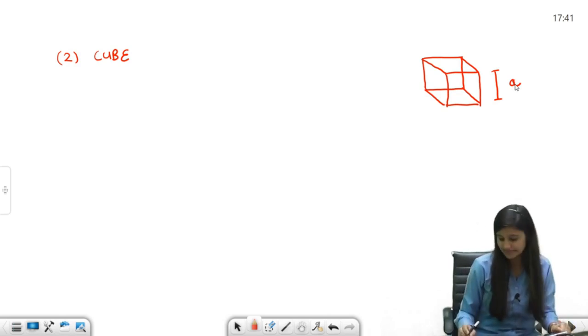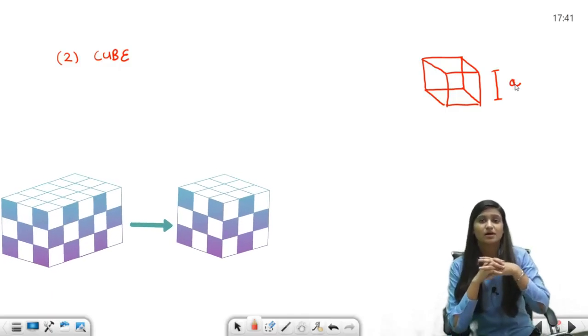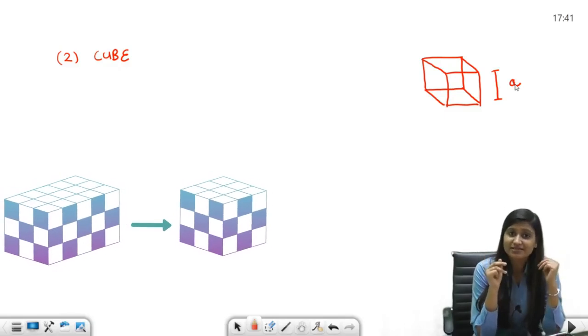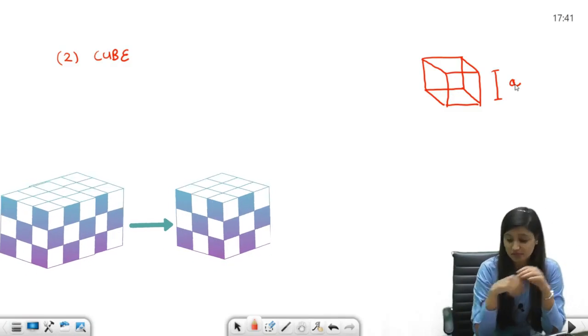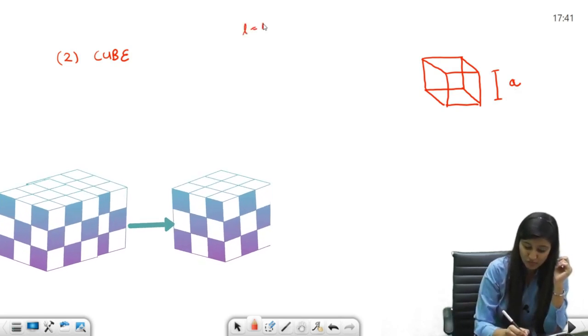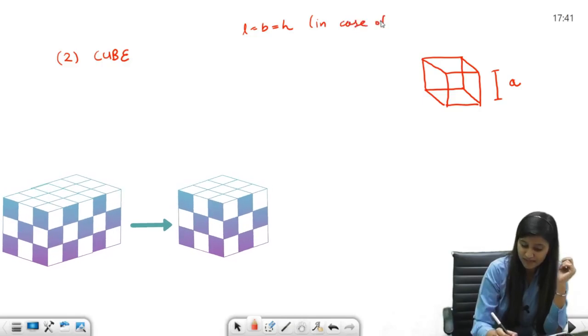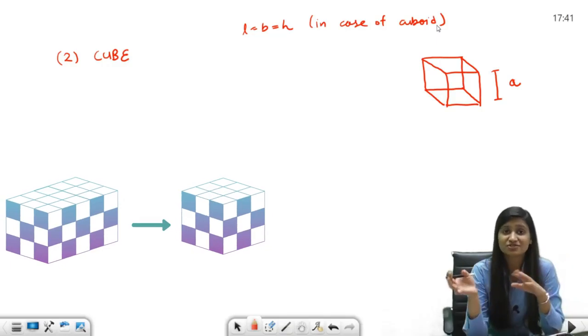What is the difference? The difference is that a cuboid has different length, breadth and height. When L is equal to B is equal to H, in case of a cuboid, your cuboid becomes the cube.